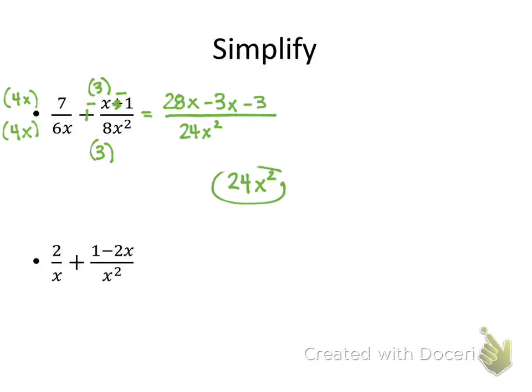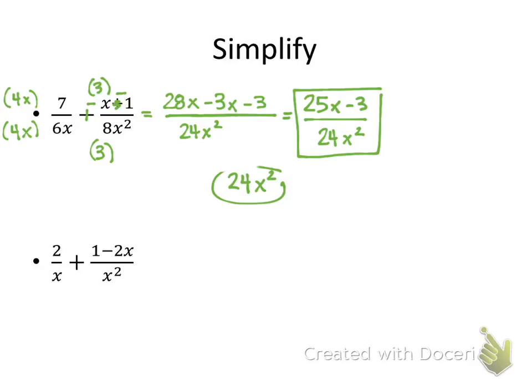So I just put them all, because they're all going to be over the same denominator, so we just write them like this, and then it's much easier to see what the like terms are so that I can combine them. 28 minus 3 is 25x minus 3 over 24x squared. So this is my final answer here, because I know that 25x minus 3 is a family, and there's no greatest common factor there that can be taken out.